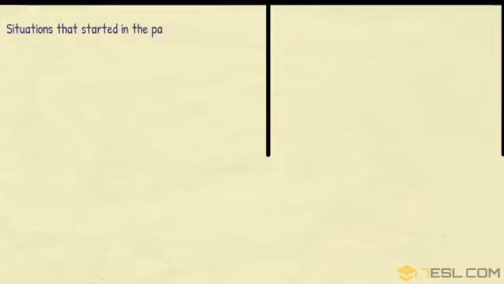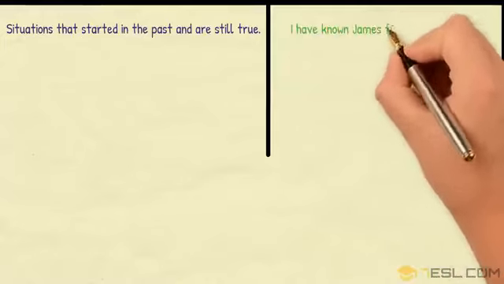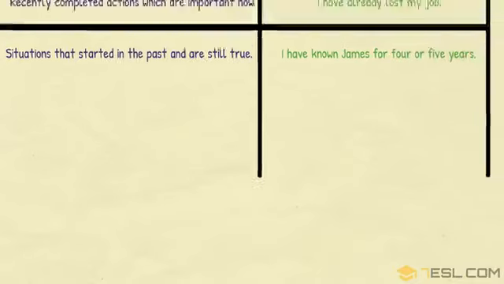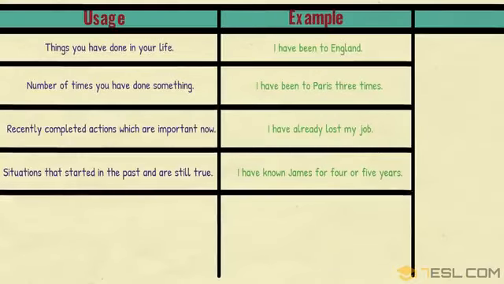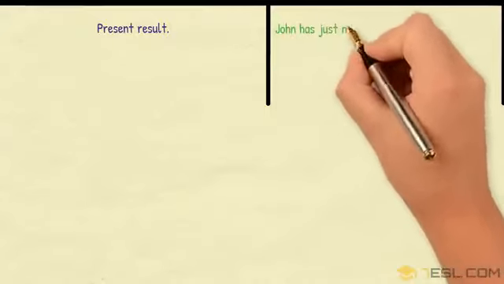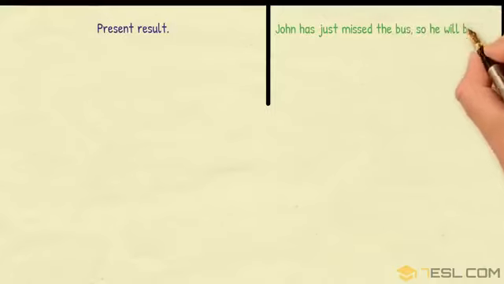Situations that started in the past and are still true: I have known James for 4 or 5 years. Present result: John has just missed the bus, so he will be late.